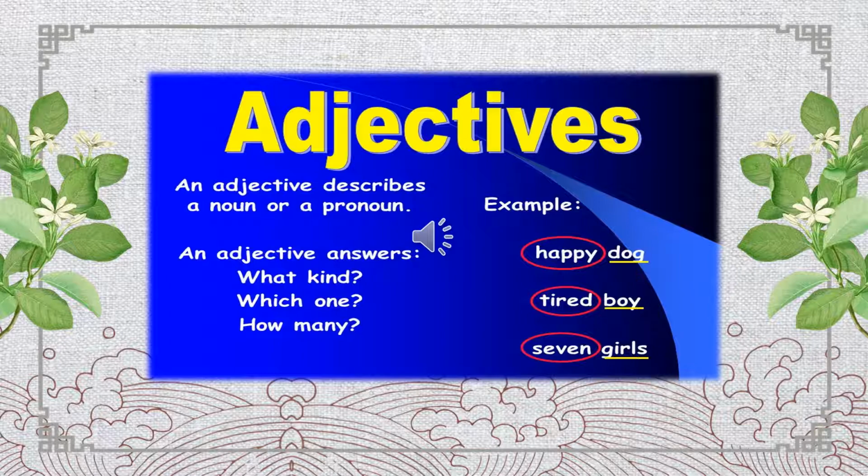How many are they? Which means number. For example, what kind? Happy dog. What kind of dog? Happy dog. Tired boy. Which boy? The boy who looks tired. Tired boy. How many? 7 girls. How many girls? 7 girls. So the words circled with the red color are the example of adjectives.